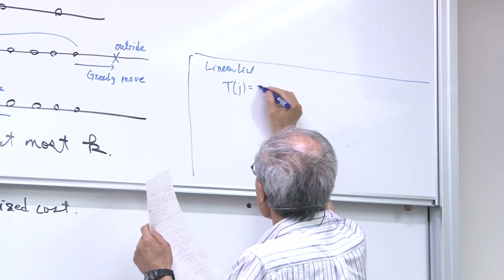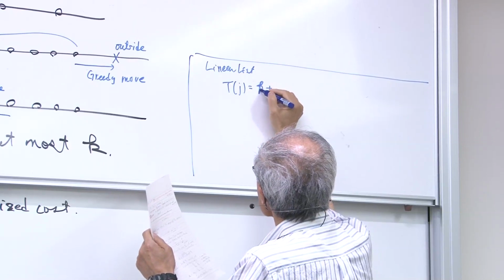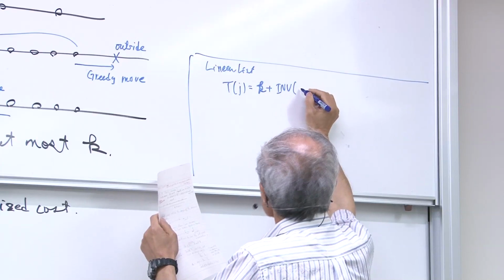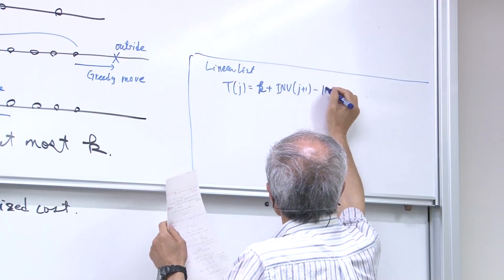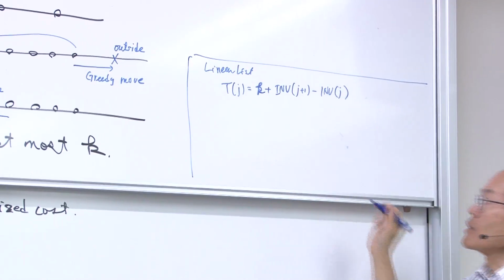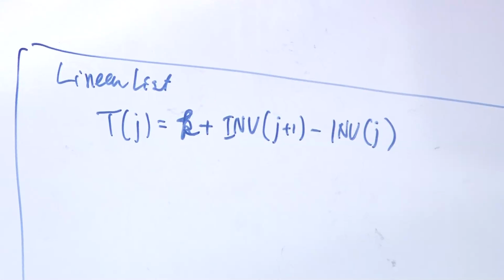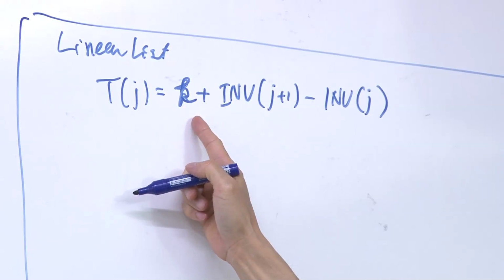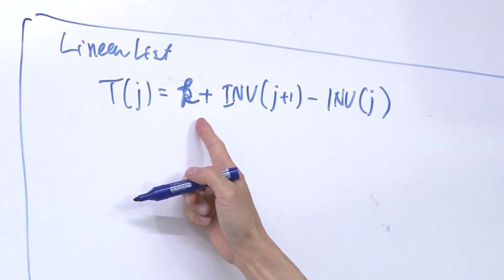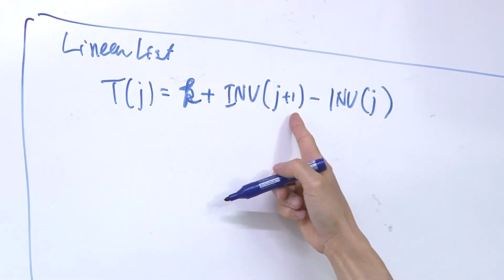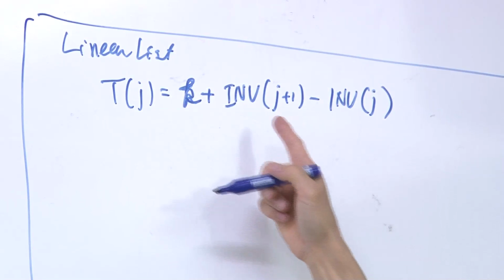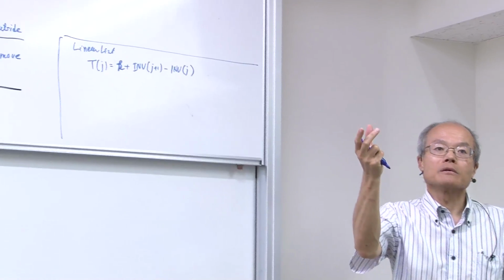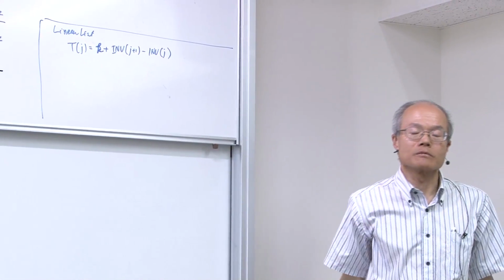Our cost is K plus, so this is our previous cost. Okay. The amortized cost at step J is the real cost, meaning the cost of the algorithm, plus this value minus this value. What is the inverse? Inverse is the number of pairs which are different between the opt list and the algorithm list.